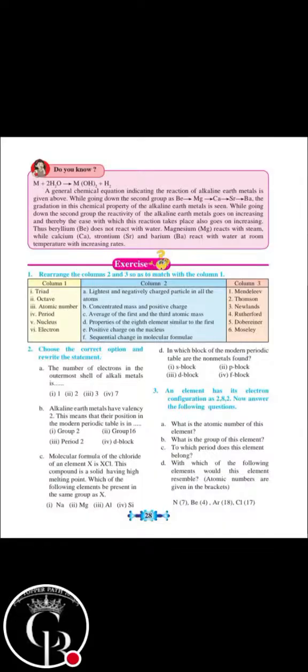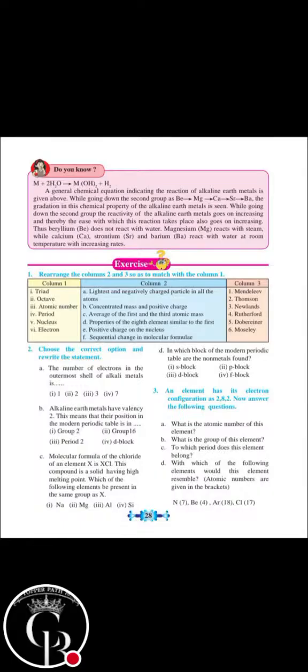I will ask some questions and you give answers in the comments. One-line questions. The period with electrons in the K, L and M shells: this is the third period. The group with valency 0 is group 18.